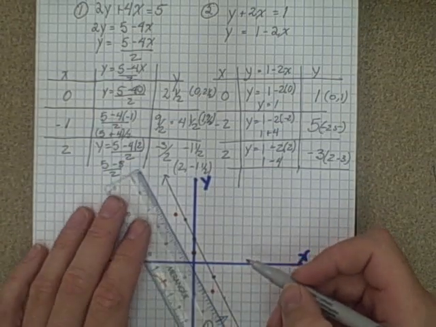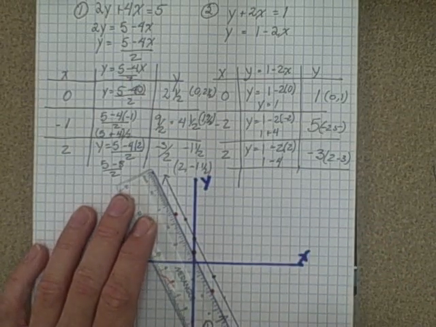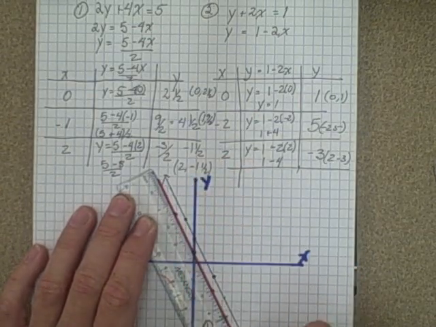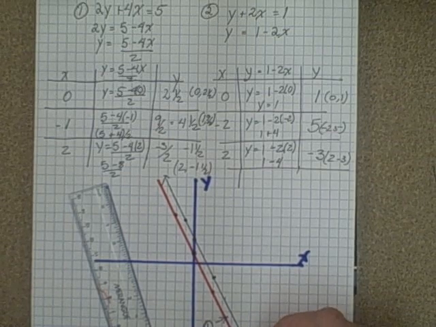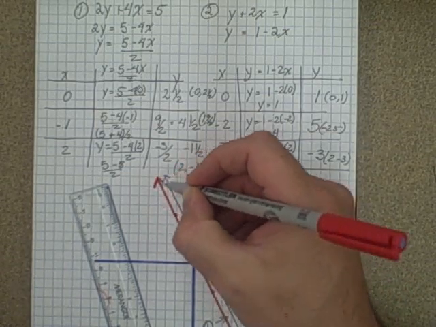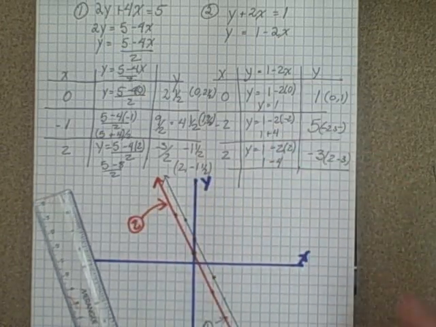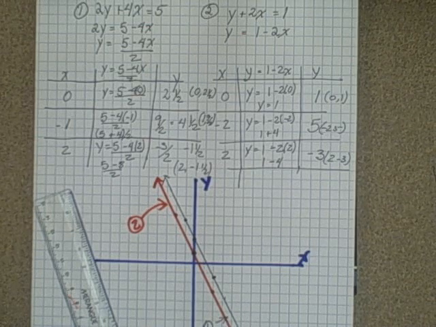We can see here an interesting thing, that these two lines don't intersect. They are actually parallel lines. So I'm going to label this one 2.